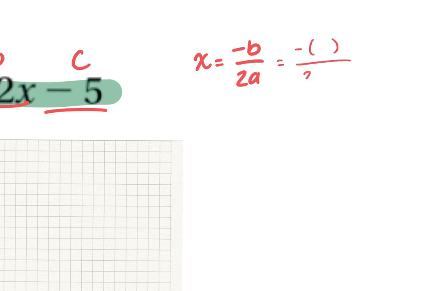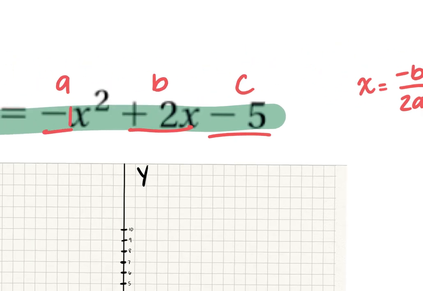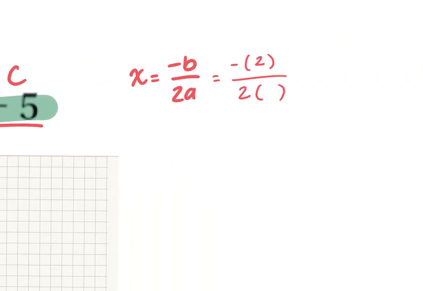Wherever I see an a, I'm going to put parentheses. And now our b value is 2, so I put a 2 up here. And our a value is negative 1, so I put a negative 1 here. So in the end, we've got negative 2 over negative 2, which is positive 1. So I know x equals positive 1 is my axis of symmetry.